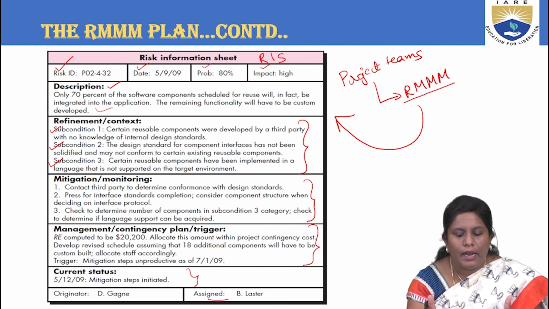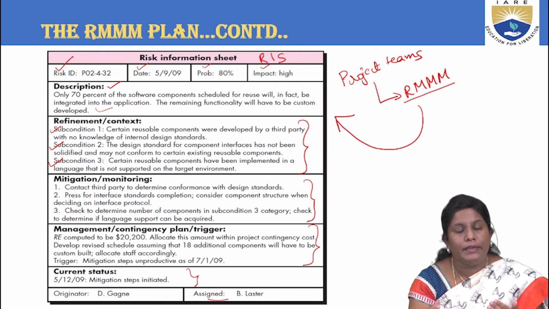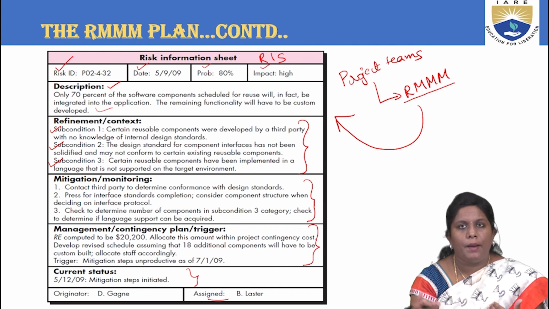So this is about the RIS, which is very, very helpful when you don't have an RMM plan for a project. Individually, each and every team member can do this, and it can be retrieved at any particular time.